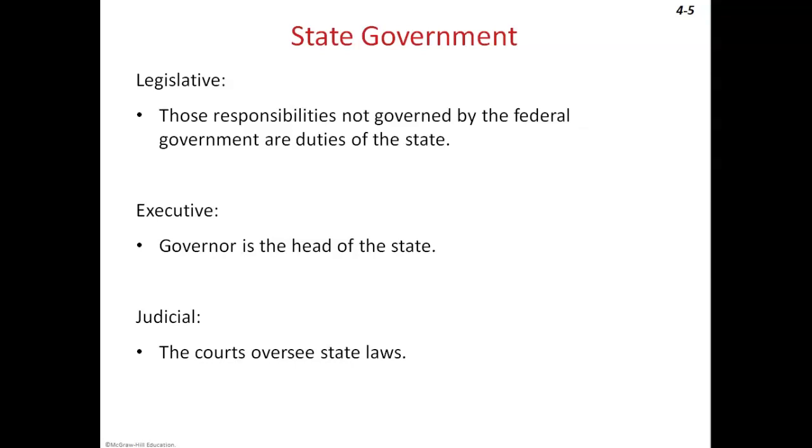They deal with responsibilities not governed by the federal government. While each state has its own constitution, the state constitution cannot conflict with the U.S. Constitution.